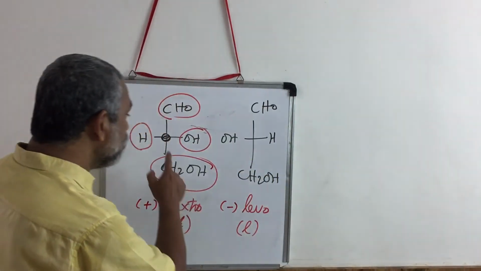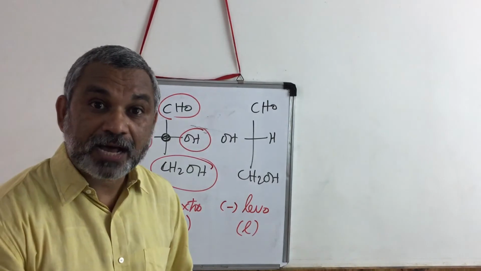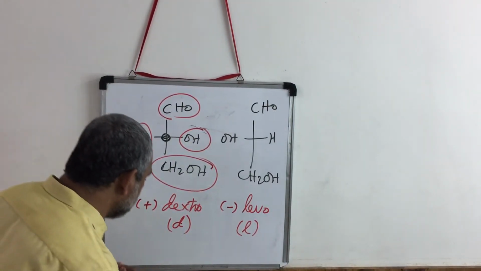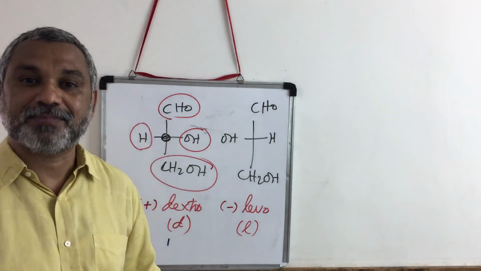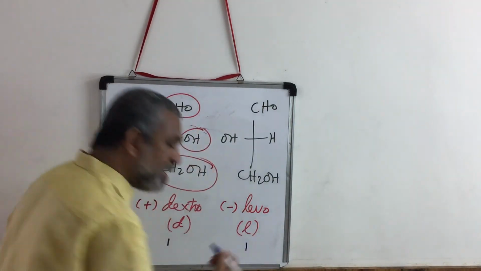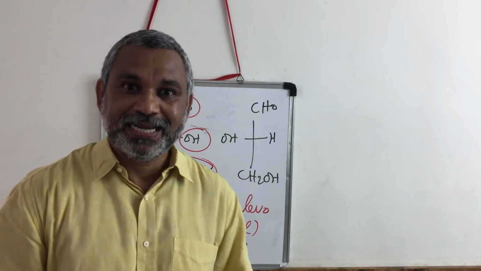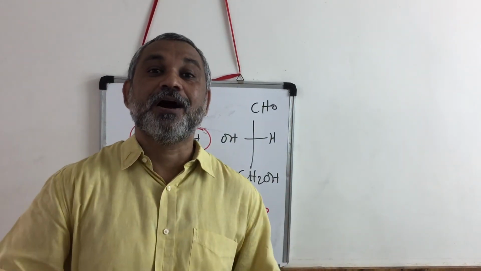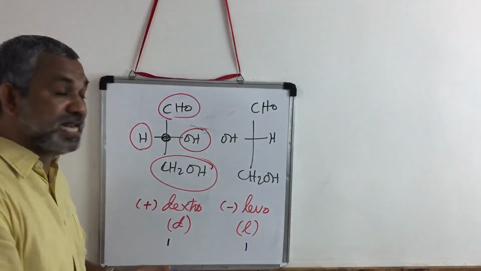How many asymmetric carbon atoms are there? There is only one asymmetric carbon atom, so we denote that here, and this also has one asymmetric carbon atom. So how do we come to know in how many forms it can exist?